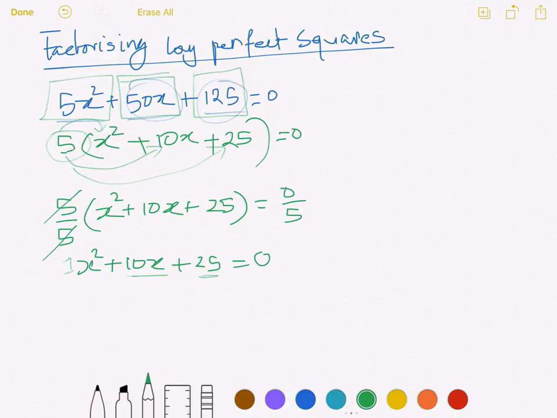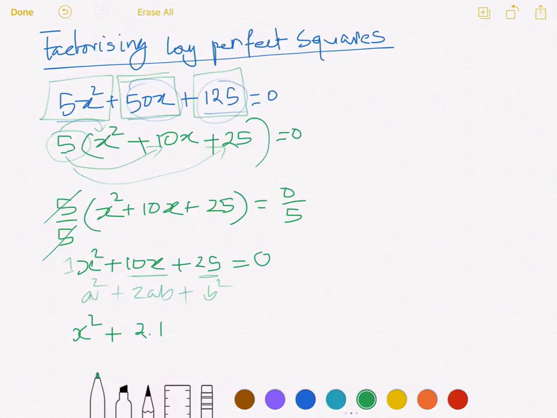So what we can also see is that this has the form of a squared plus 2ab plus b squared. And the reason why we say that is, if you notice, 25 is, let's write it down. We have x squared plus 2ab.